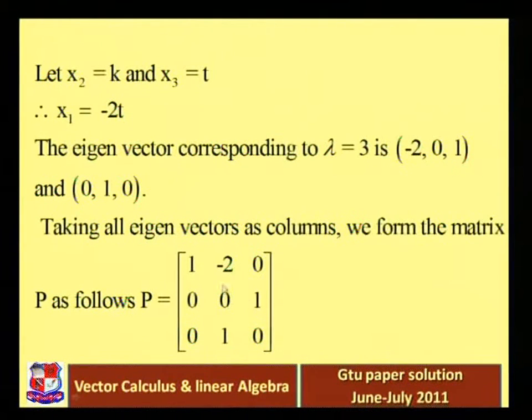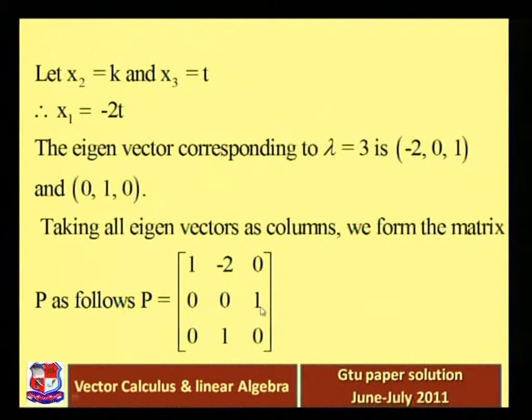So that is exactly our first column, and then corresponding to lambda is equal to 3, we get two eigenvectors, that is minus 2 0 1 and 0 1 0. So this is our new matrix P, how we define it, as all the columns are exactly the eigenvectors corresponding to each eigenvalue.